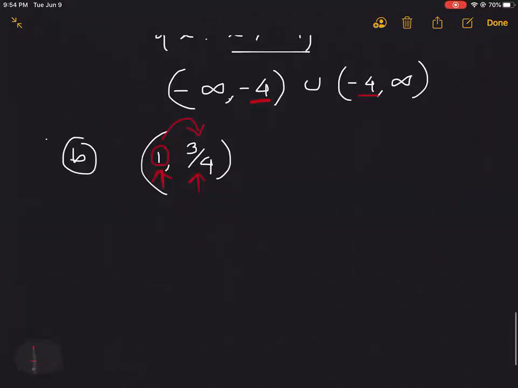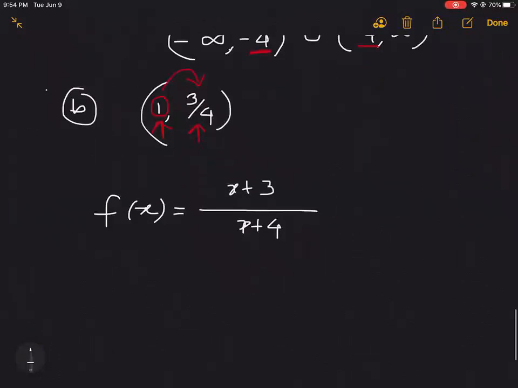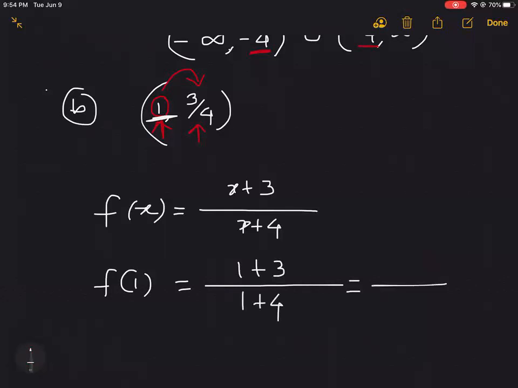Let's see what happens. So if we plug in, let me rewrite the function for you. F of x was x plus 3 over x plus 4. So f of 1, as you can see, the value of x is 1. So we'll replace all of the x's by 1. So 1 plus 3 over 1 plus 4 gives us 4/5, which is not at all this guy.